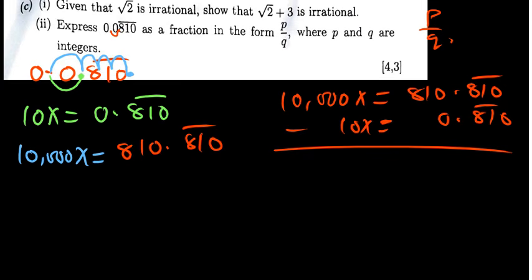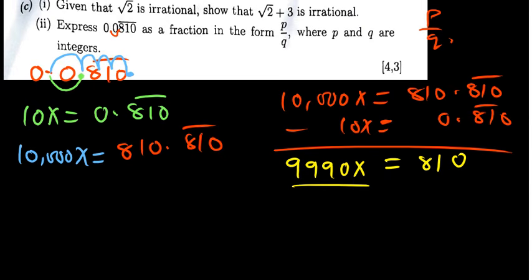0 minus 0 here, I'll get 0. On the other side, 810 is equal to, here, if I do 10,000 minus 10, it is 9,990. So 9,990x.